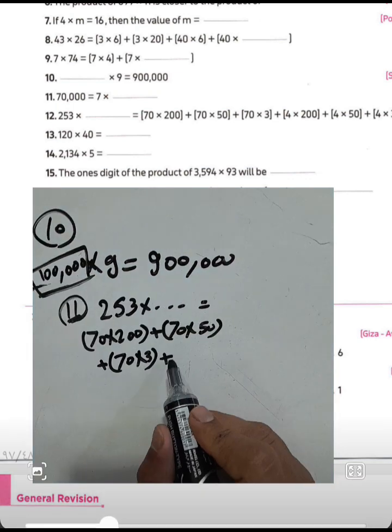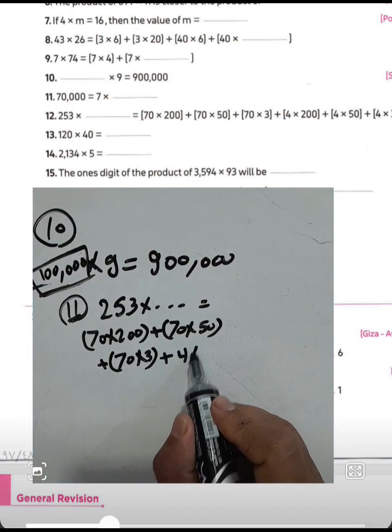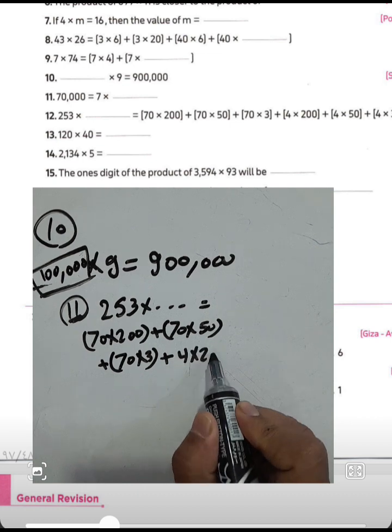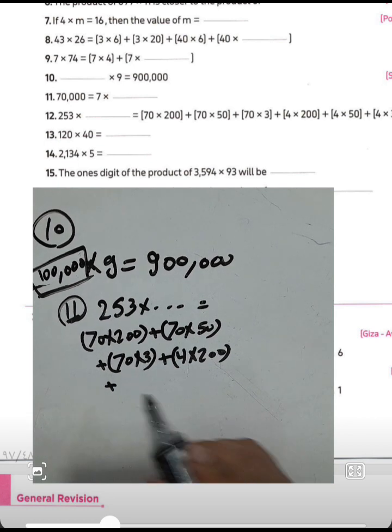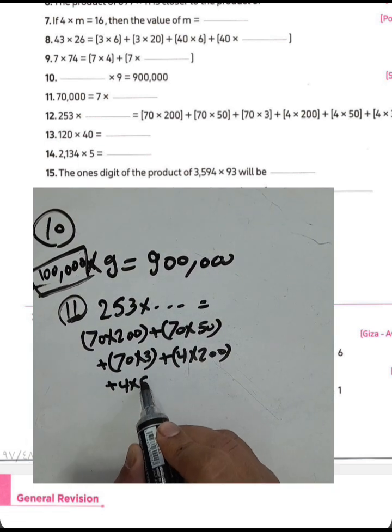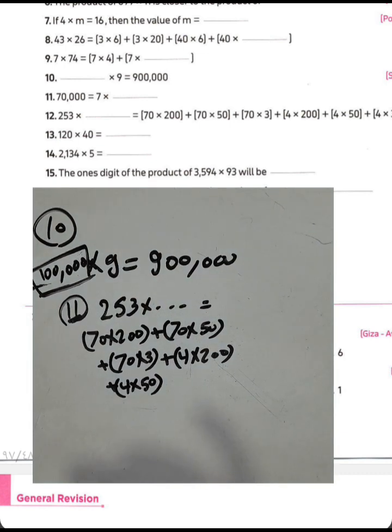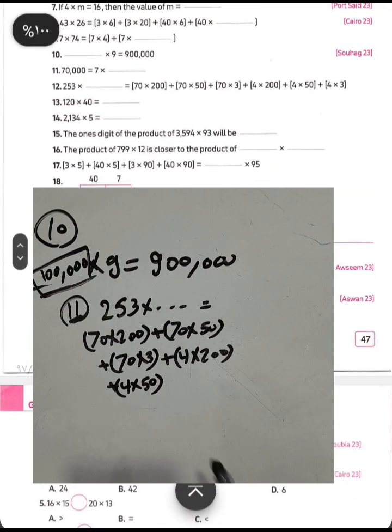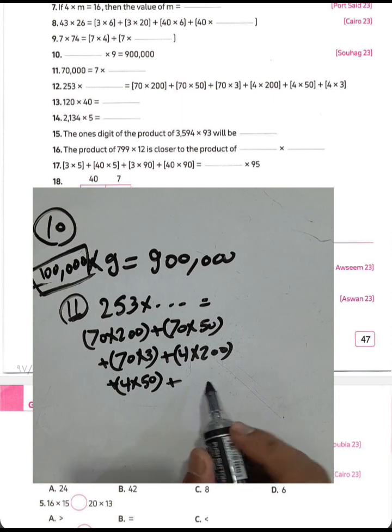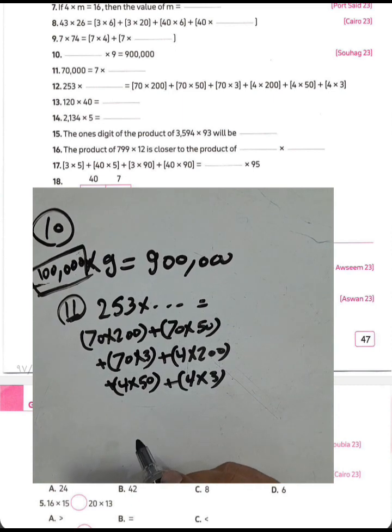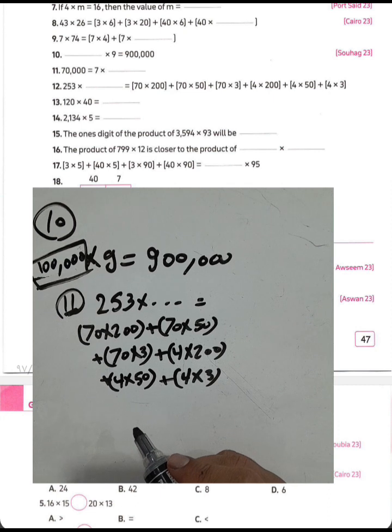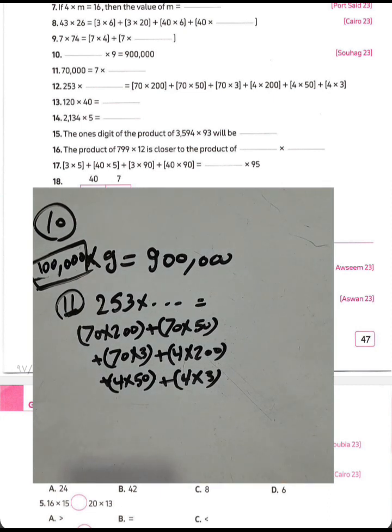Next question, question 11. 274 times 253 equals 50 times 200 plus 70 times 50 plus 70 times 3 plus 4 times 200 plus 4 times 50 plus 4 times 3. So we can find the number here in this space. This is the expanded form, decomposing any number using distributive properties.